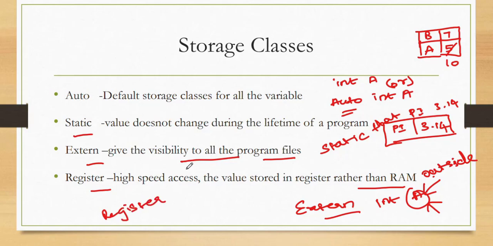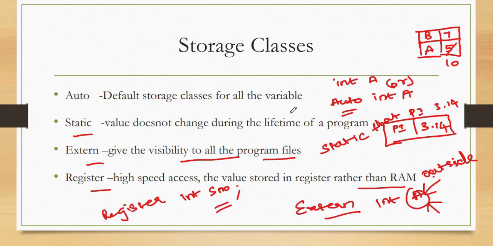The variables you are going to access very frequently, or that are very important, must be declared in the register. For example, register int s number. This s number will be stored in a register so that you can access it very fast.